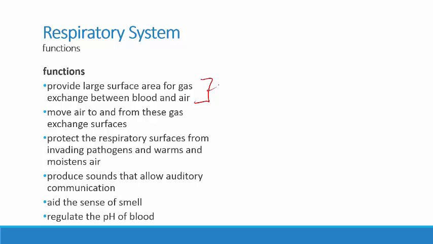And so a lot of the function that we'll see, especially of the nasal passages, is to get that air pre-warmed and humidified so that even on the coldest days, as we're breathing in through the nose, we're actually preparing the air so that it is not damaging to the very sensitive respiratory surfaces.